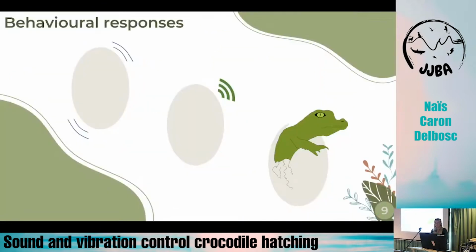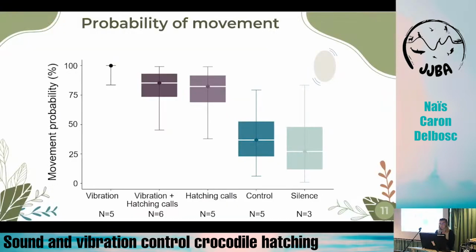So for each trial, the egg's behavioral response was assessed by scoring 1 or 0 depending on whether we observed each of these 3 behaviors: movement, vocalization, and hatching. And so we first calculated the probability of each of these behaviors.